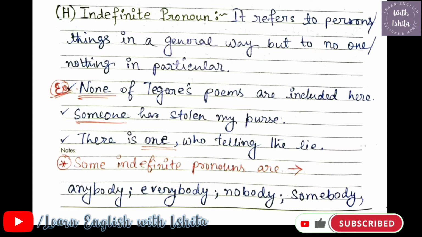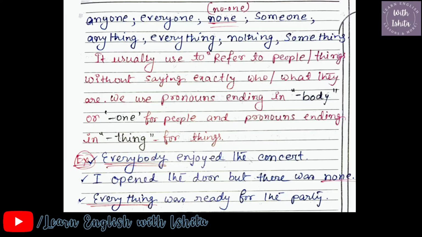Some indefinite pronouns are anybody, everybody, nobody, somebody, anyone, everyone, none or no one, someone, anything, everything, nothing or something. They are the examples of indefinite pronouns. They are usually used to refer to people or things without saying exactly who or what they are.